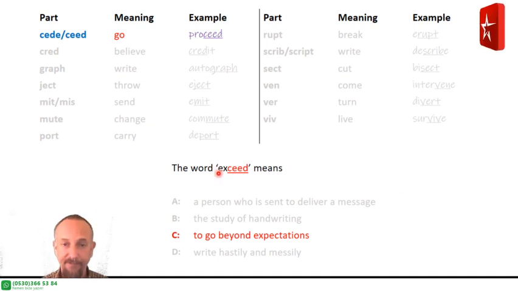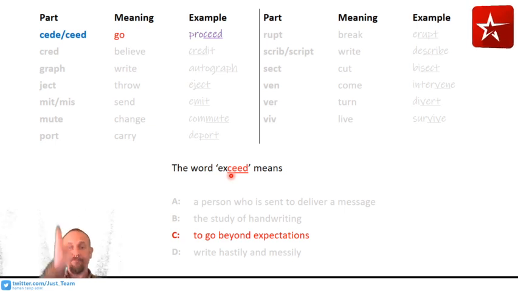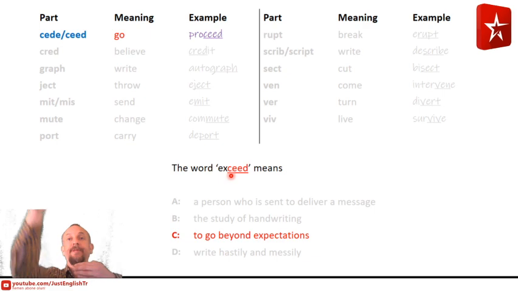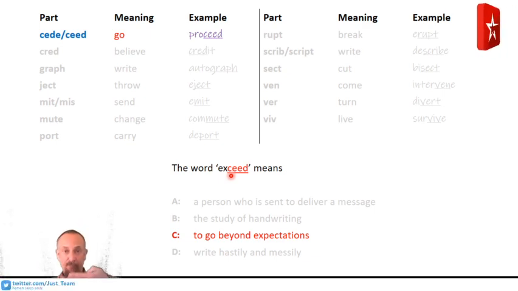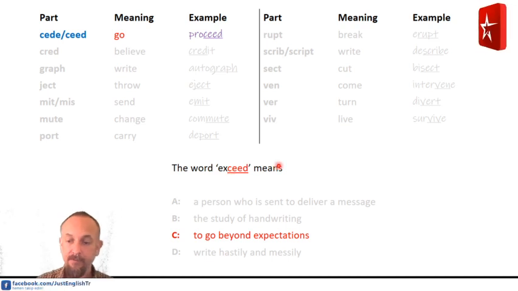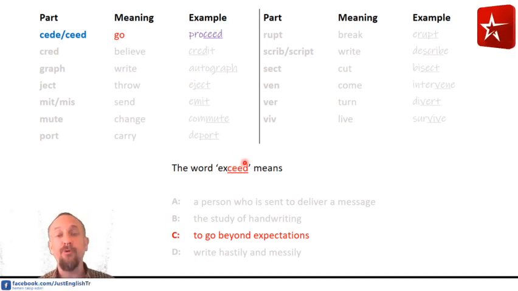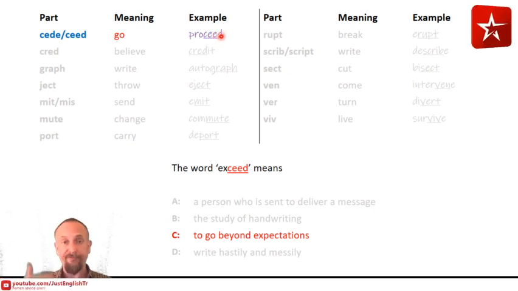And we have this prefix here, ex, which means out of. So to go out of, to go beyond. We have a limit and we go beyond that limit, as it were. Other words we have, proceed, as we saw up here, to proceed, to move forward.